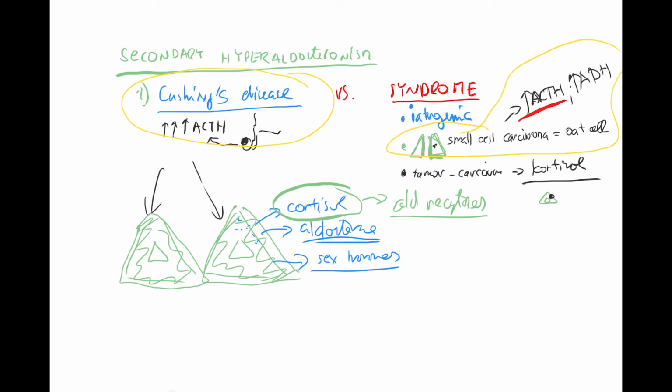So we are under secondary hyperaldosteronism. And this could be misleading, because when I normally only mention ACTH increased, everyone, when they talk about Cushing's disease, they talk about aldosterone. And that's why I want to explain right from the beginning, watch out, don't do that.